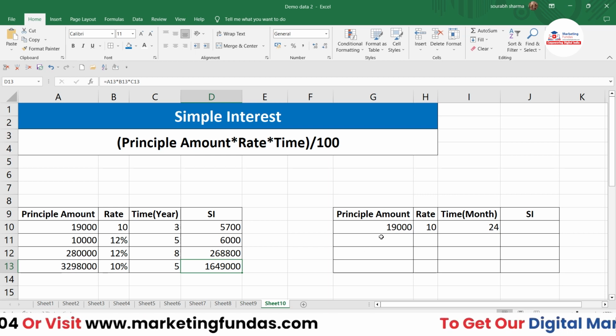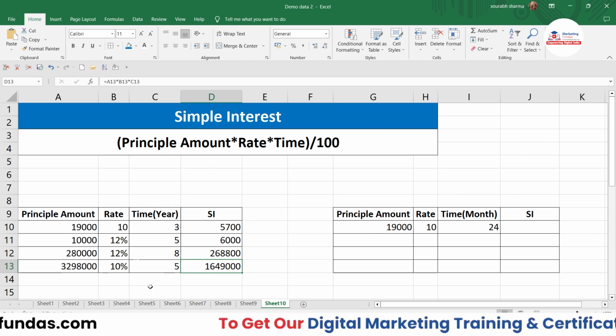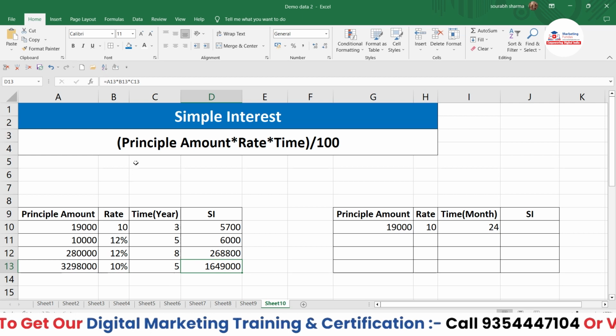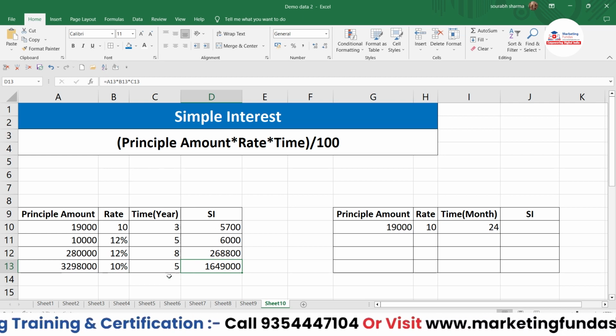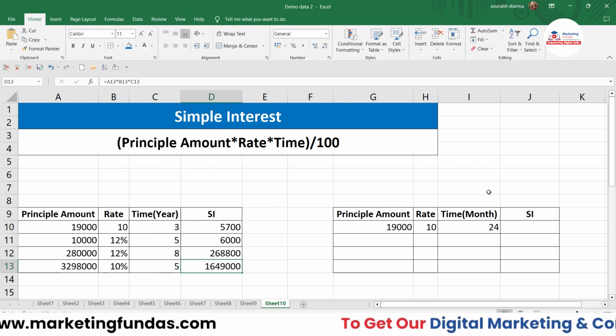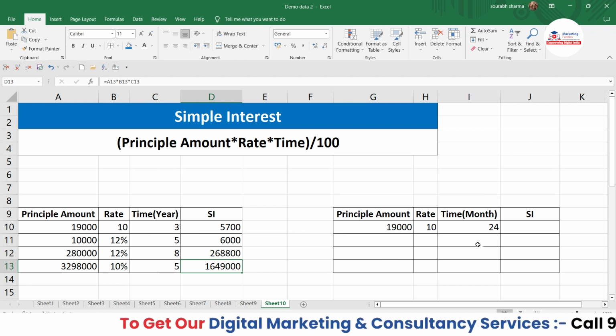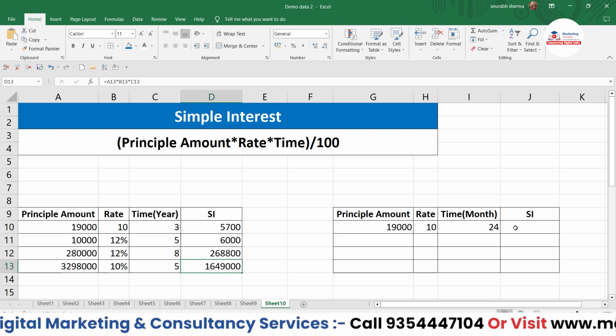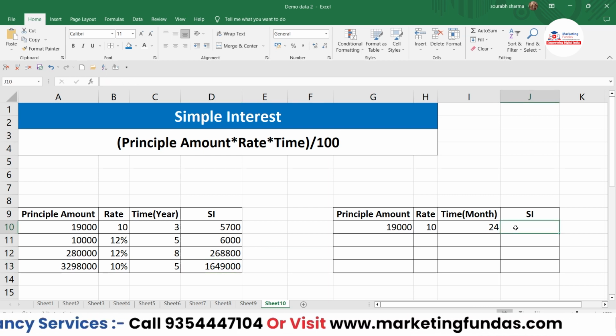Now here's one more thing. Here we have calculated with the time in years, right? But if the calculation is being done in months, then how can we calculate it?